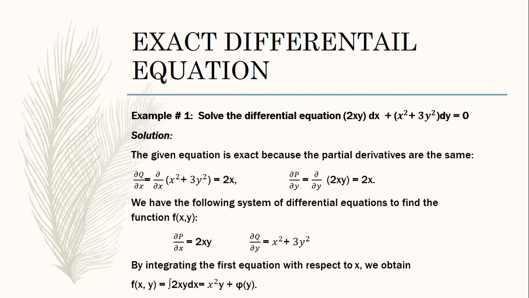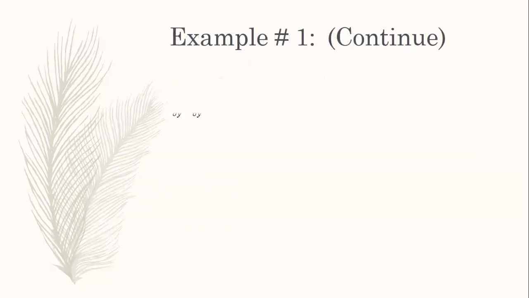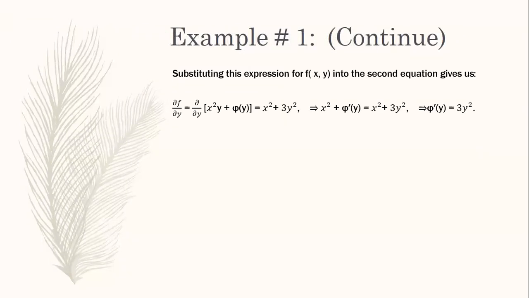By integrating the first equation with respect to x, we obtain x squared y plus phi of y. Now, substituting this expression for f(x,y) into the second equation gives us the partial derivative of f, substituted by this one.